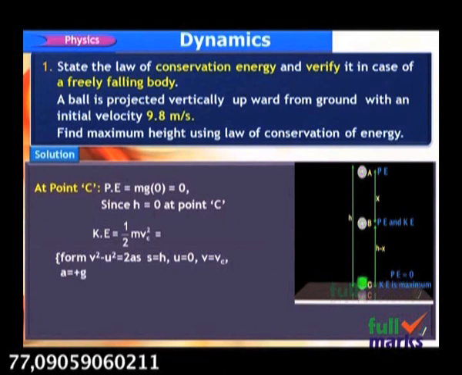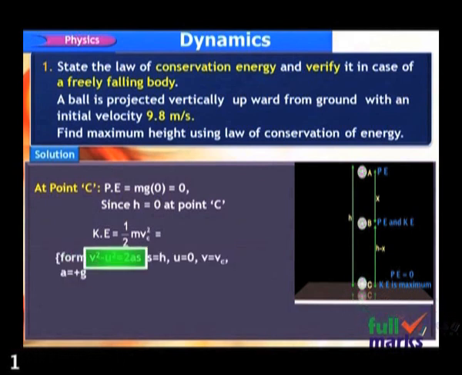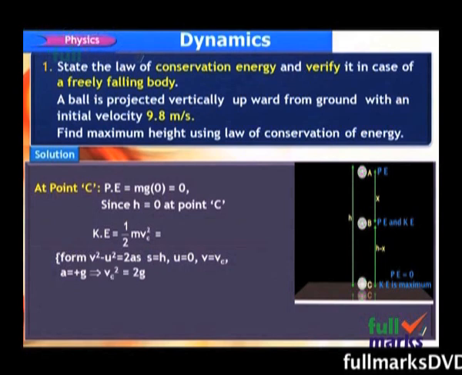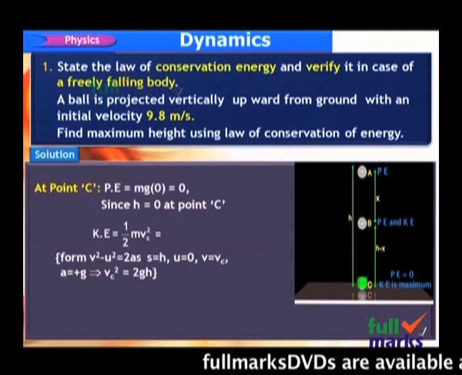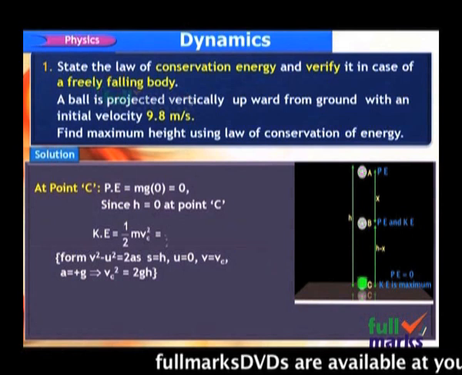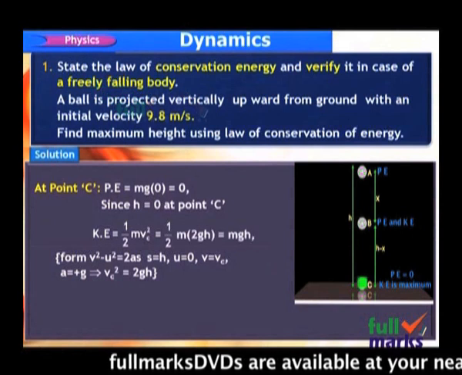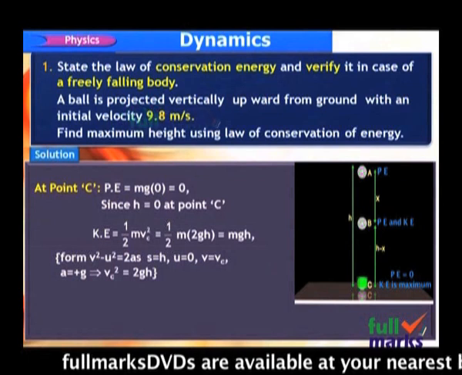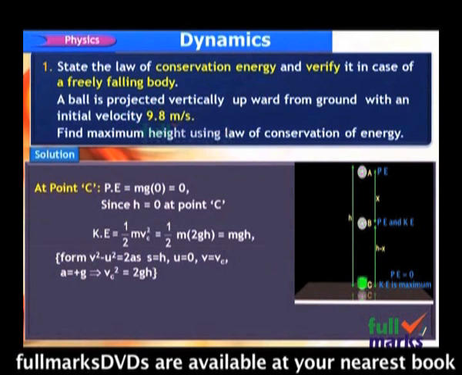Now if I substitute the values of s, u, v, a in the equation, we get vc square equivalent to 2gh. Therefore, kinetic energy at C is half m vc square, that is equivalent to 1 by 2 m into 2gh. Now this is equivalent to mgh.